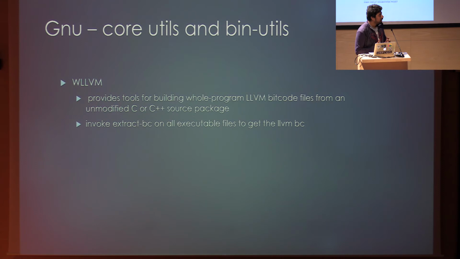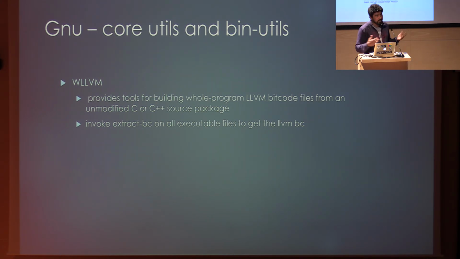The first part of doing something like that is, how do we compile all these programs with LLVM? Some of them have their own build systems and that might not work together, etc. So, we use something called WLLVM. It is a whole program LLVM which lets you compile entire source packages with LLVM.